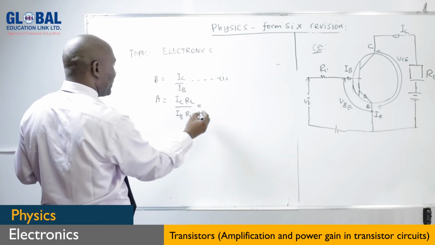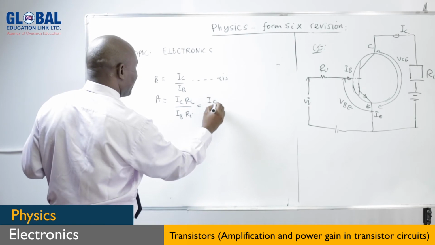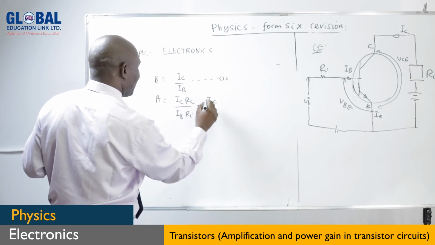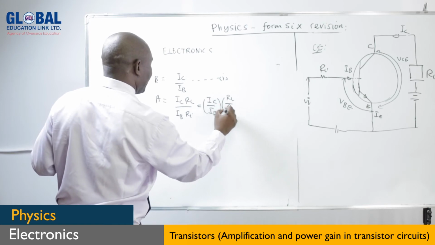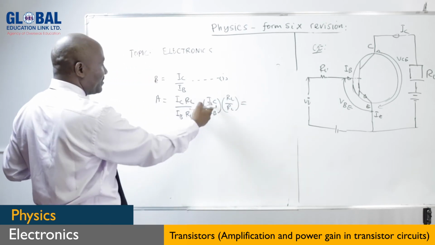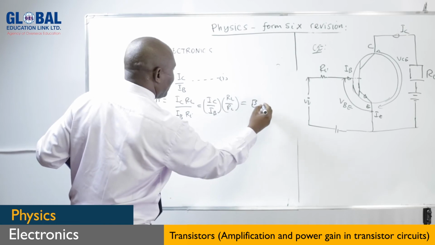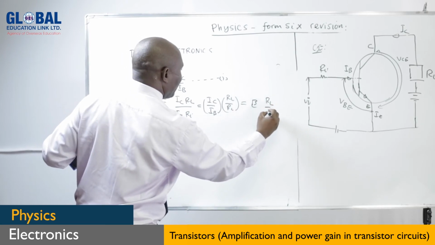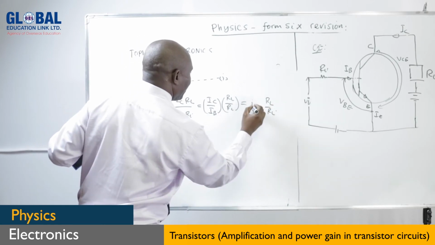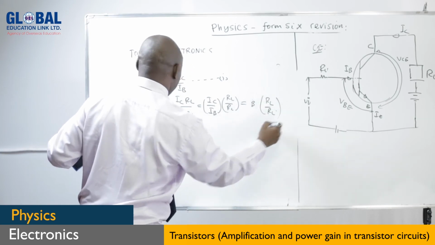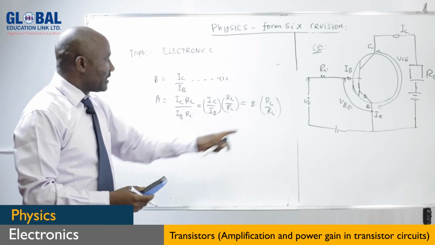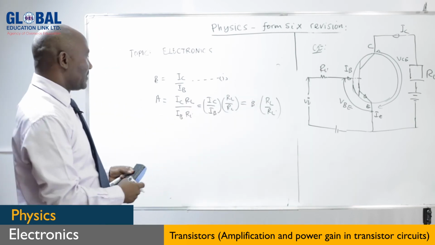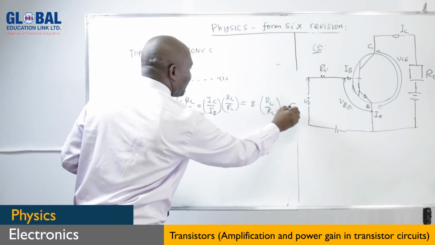So if you make the arrangement, you have IC over IB, in brackets, times RL over RI. This gives the current gain, beta, times RL over RI. So the voltage gain is given by the current gain times the ratio of the load resistance to the input resistance. Take this as number 2.